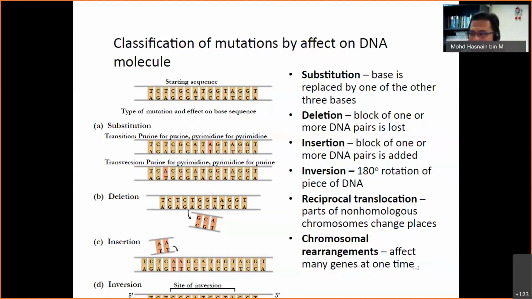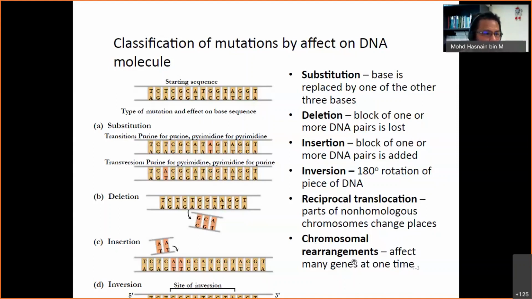For example, you can have chromosome 1 and chromosome number 10, but somehow one of the regions has quite similar sequence. They can temporarily be side by side and they swap places. So that one is a non-homologous chromosome.